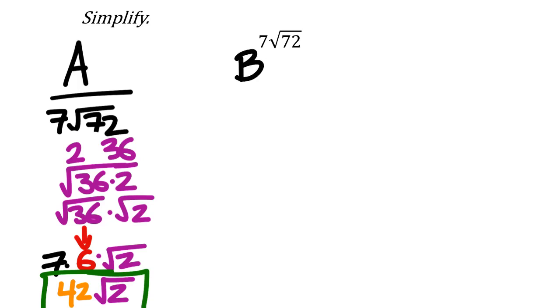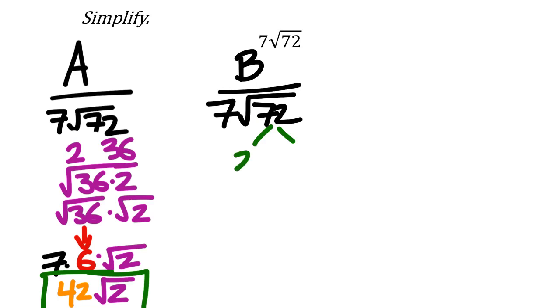Method B is going to work the same way, but I would still be looking at that square root of 72 first. Again, I'm not really concerned about the 7. For 72, let's look at some prime factors. Again, I would be thinking 2 and 36.